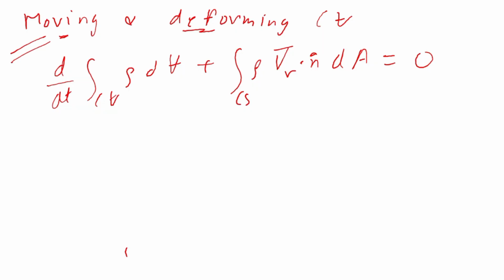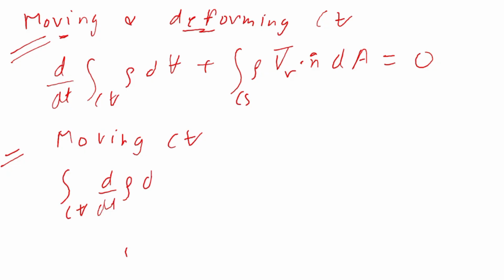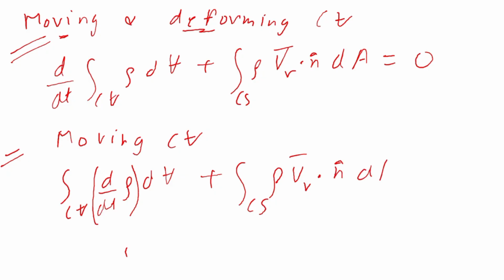Okay, so now if you're looking at just a moving control volume, you can actually take the time derivative inside, so that you're just concerned with how the density is changing with time. And then the second term remains the same because you're still moving, so you are looking at the relative velocity.